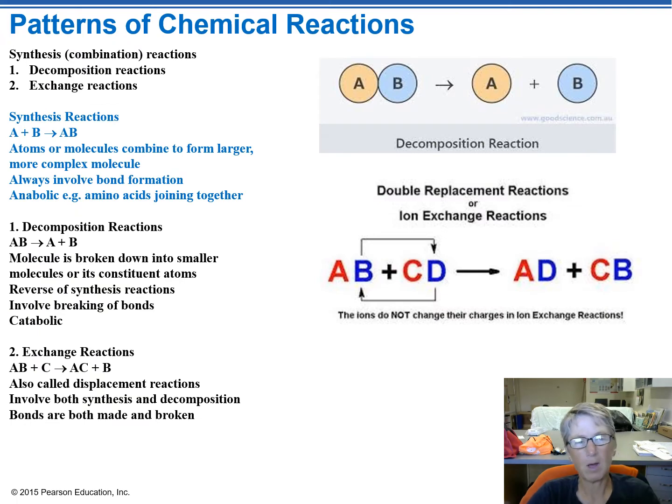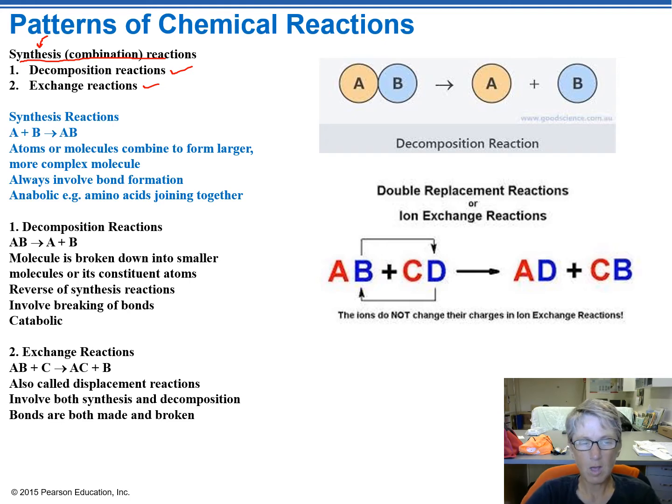Patterns of chemical reactions. There's lots of different chemical reactions, and this is not a chemistry class, but we kind of have to go over them in general. There's synthesis reactions, or combination reactions. So synthesis just means to synthesize or make something. But in chemistry, you could also have a decomposition or an exchange reaction.